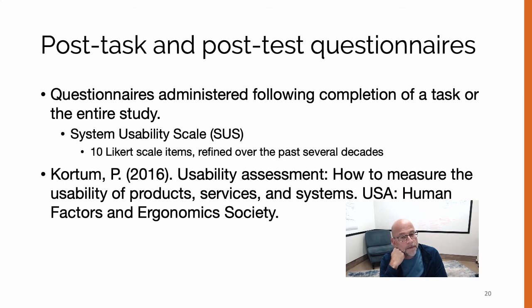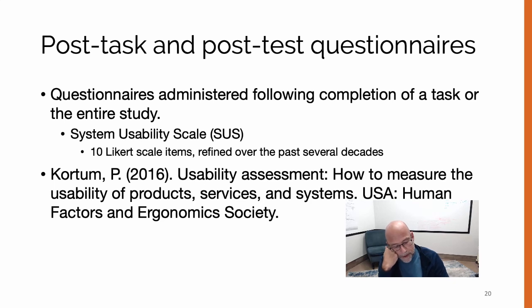So that's kind of the go-to or a bit of a default scale. But there are a number of others. There's the PSSUQ, and there's a whole bunch of others that are described in a short book by Philip Kortum about usability assessment. There are two other books I should mention. I probably should have written them down here.